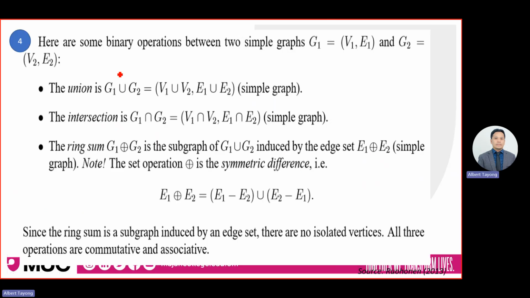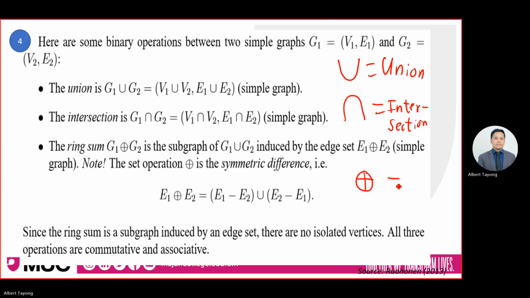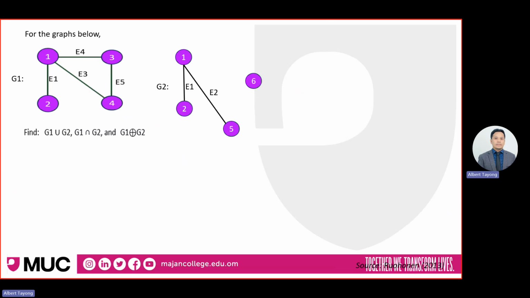Now let's have the union, intersection, and ring sum. So this symbol is union. This is intersection. And this is ring sum. Okay, so I'm going to explain these concepts by giving you some examples.